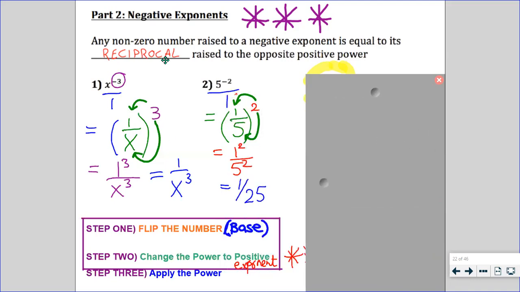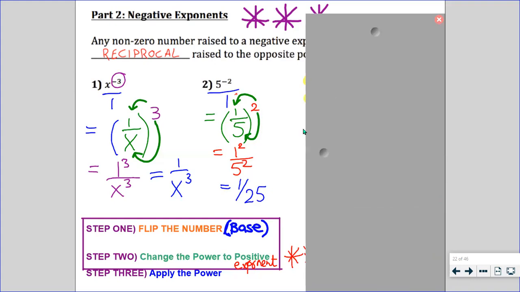Okay, so we're going to translate this. Ignore the questions right now. I have a box on the bottom. It says flip the number. Reciprocal means to flip your number, either a whole number or a fraction.